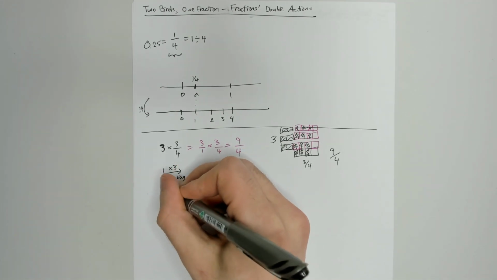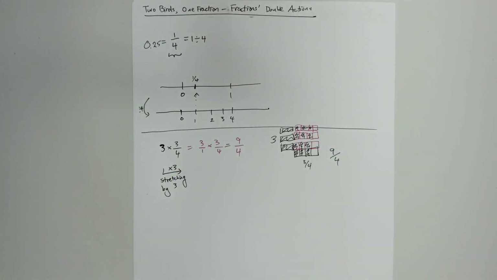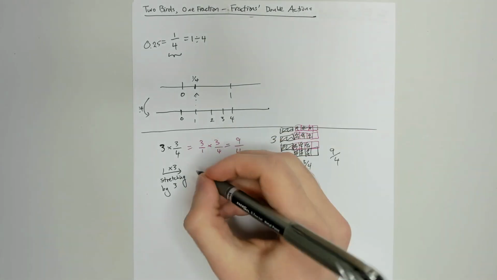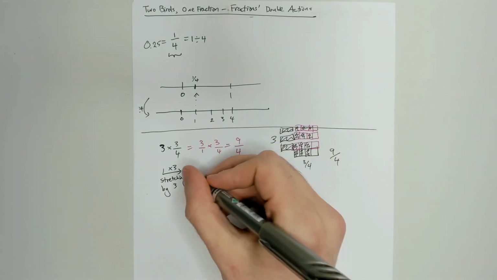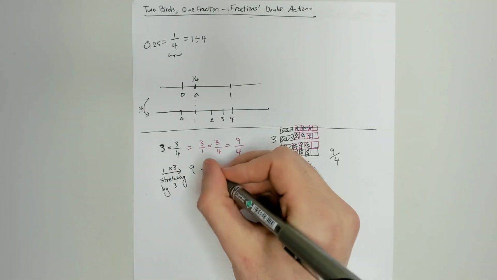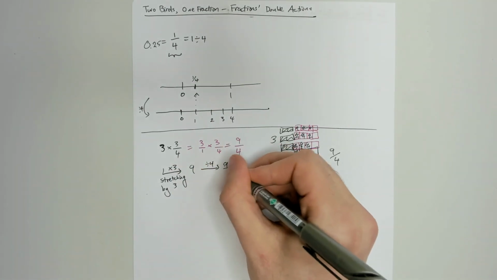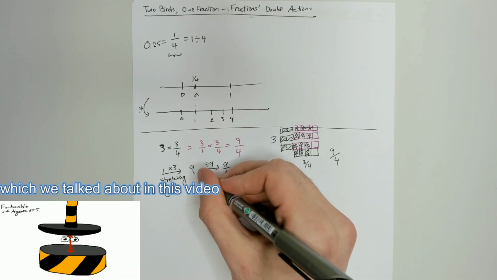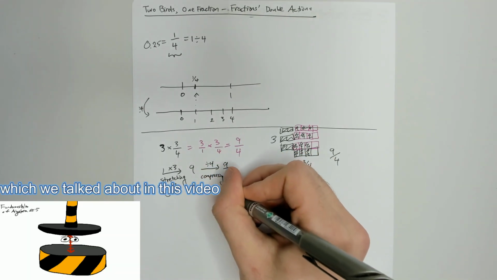So we're taking our number line and stretching it by a factor of 3. Then multiplying the 3 by 3, we get 9, and dividing by 4 gives us 9 quarters. But dividing by 4 is compressing by a factor of 4.